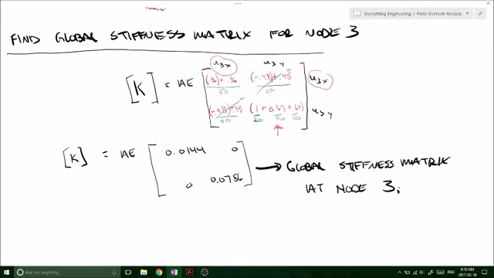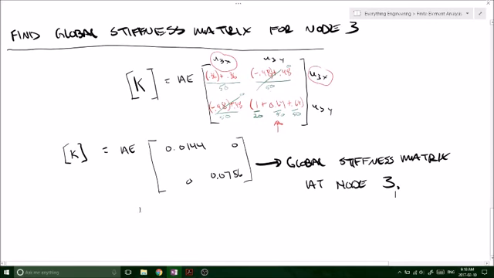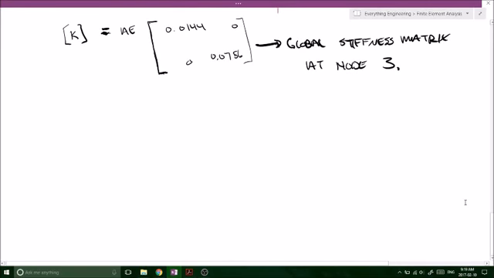I've just chosen to only evaluate the properties at node 3, because from the matrix multiplication properties, if we have a 0 column or 0 row, any multiplication in that row is going to be 0. This property, just like what we did before with the 1D system, allows us to cross out those rows and not have to do any evaluating. So now we've got the global stiffness matrix for node 3.